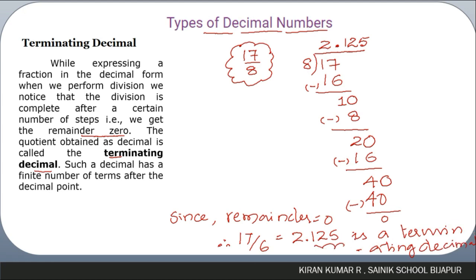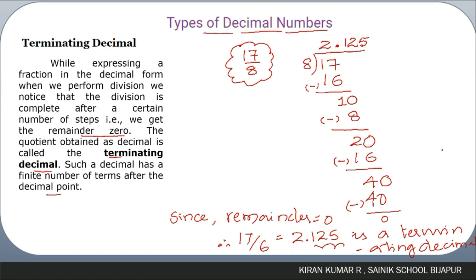There are 3 decimal places after the decimal point, so it has a fixed number of terms after the decimal point. This particular example, 17 upon 8, on expressing in decimal form, gives us a terminating decimal.